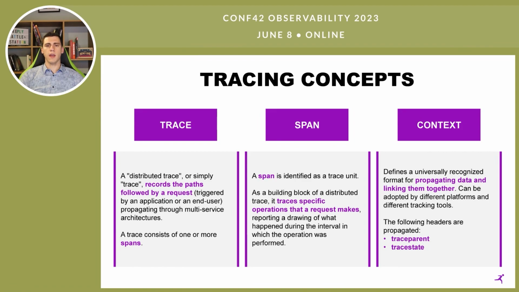But how can we correlate all spans that are related to a single request? The tracing context, defined by W3C in 2021, allows to propagate span data with the traceparent and the tracestate headers.